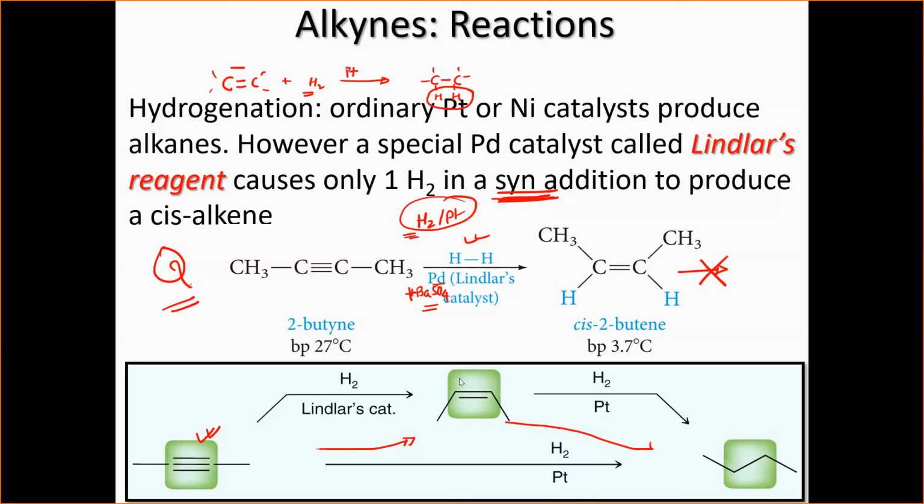Or if you have a double bond, you can still convert that double bond into a single bond simply by using hydrogen and platinum. Do you understand this? So remember that bromination is a trans-bromination. Hydrogenation is a syn addition. Don't forget that.